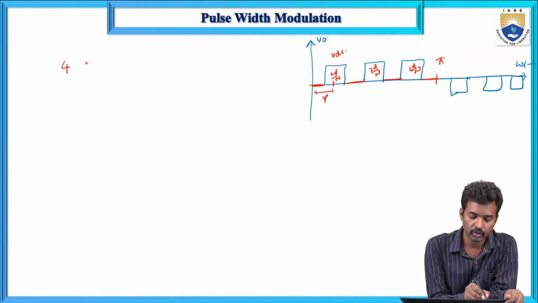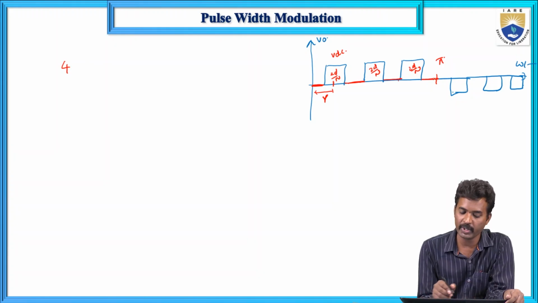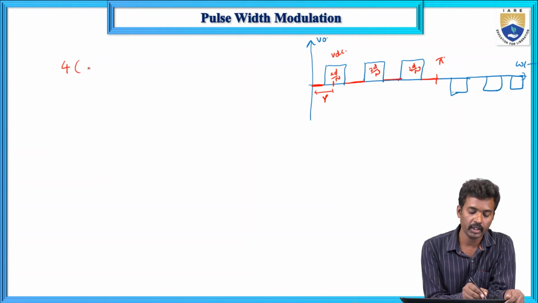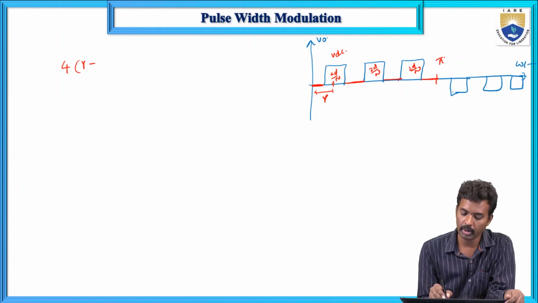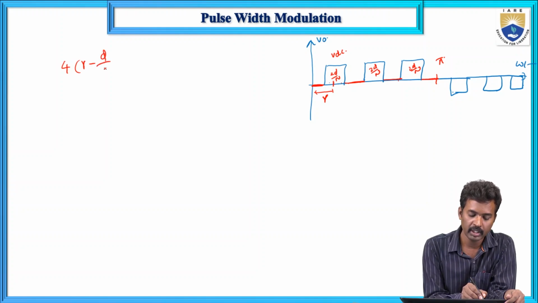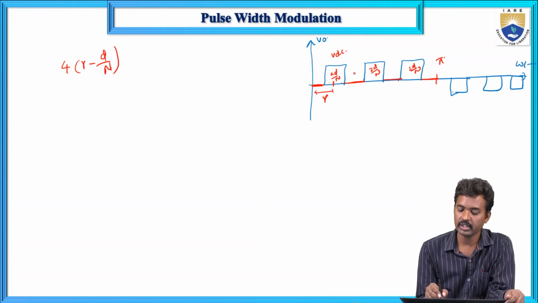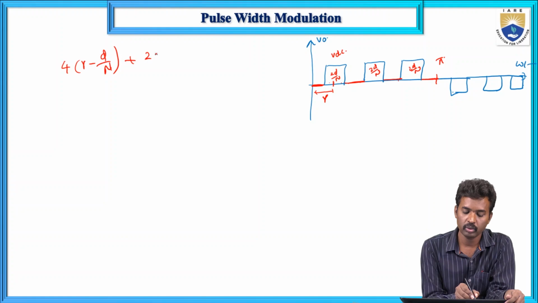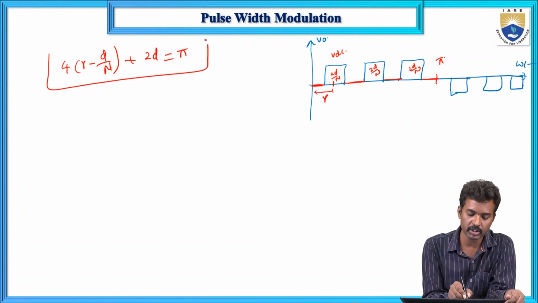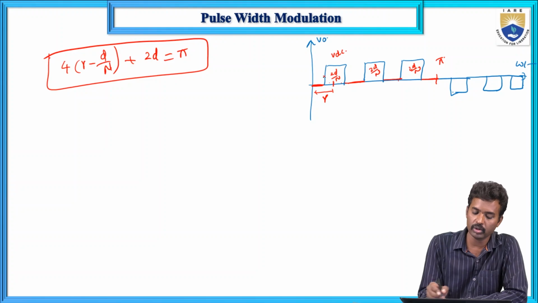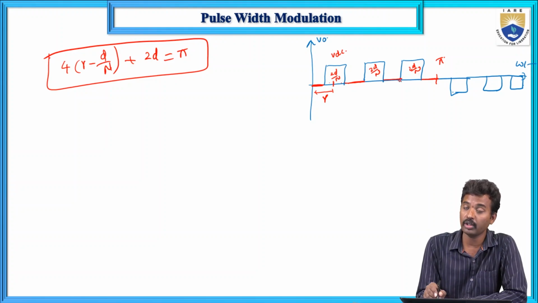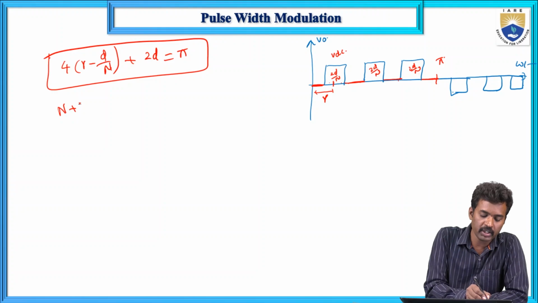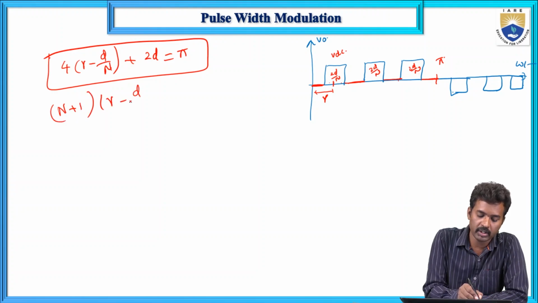So 4 into gamma minus this length, which is d by n, plus the total pulse width 2d by n plus 2d by n plus 2d by n, which is 2d only, equals pi. This expression is most important. So n plus 1 into gamma minus d by n plus 2d equals pi.